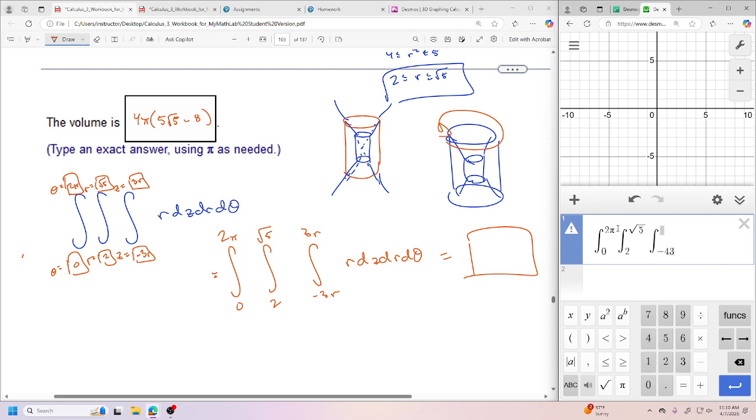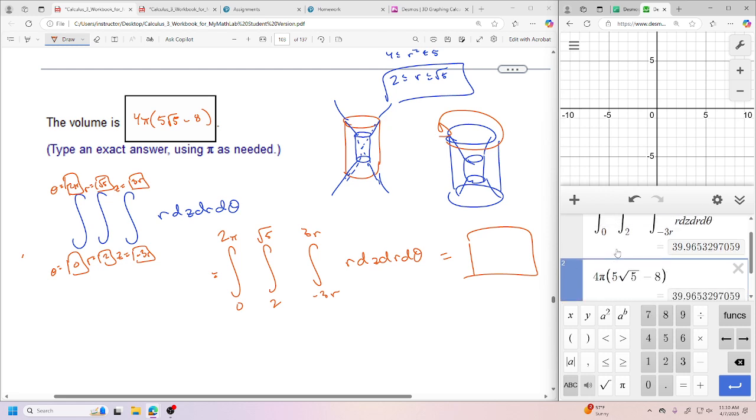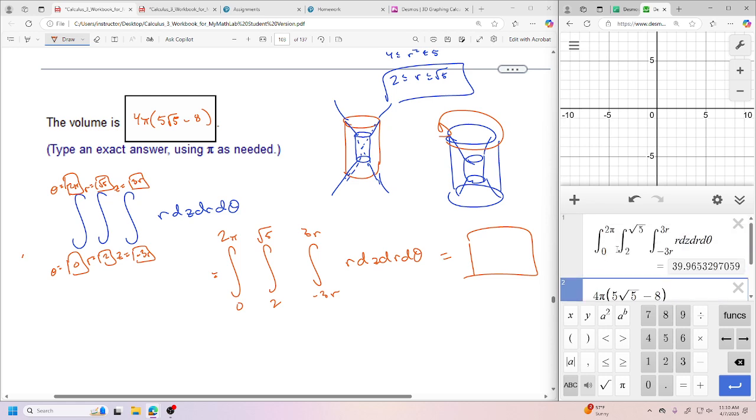And I know that we're not always supposed to do this, I get that, but you don't want to waste a ton of time on your homework. So this is what we get for this one. Now let's do the decimal equivalent of the answer that I got from MyMathLab. Are they the same? See? So what we did is good.